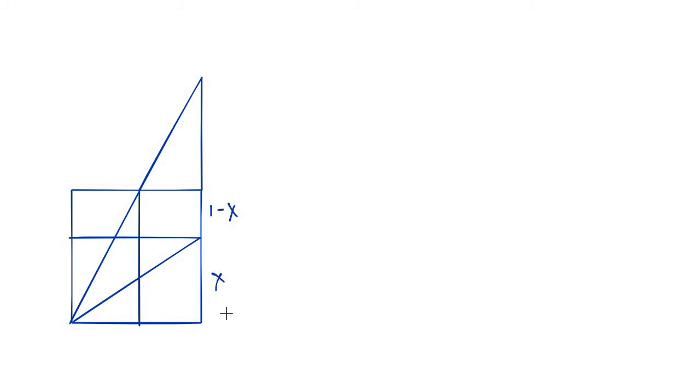Since we know that this rectangle is in the ratio of, let me first put this as 1 because we know it's already 1, 1 to (1 plus square root 5) all over 2.